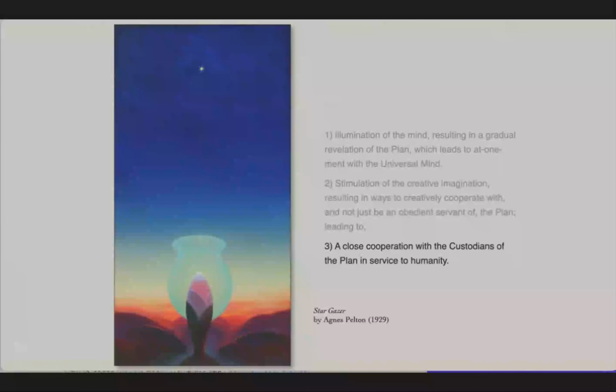And then 3rd, a close cooperation with the custodians of the plan in service to humanity. Basically, the hierarchy is a great group of creators who, through active imagination, are determining the evolution of our planet, right? And trying to get through to us so that we can actually implement that on the physical plane.